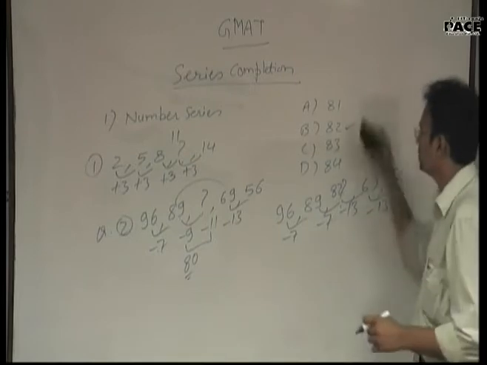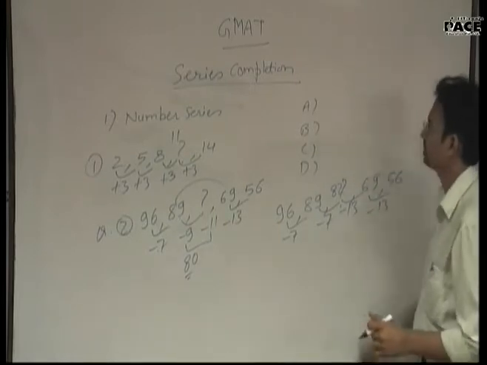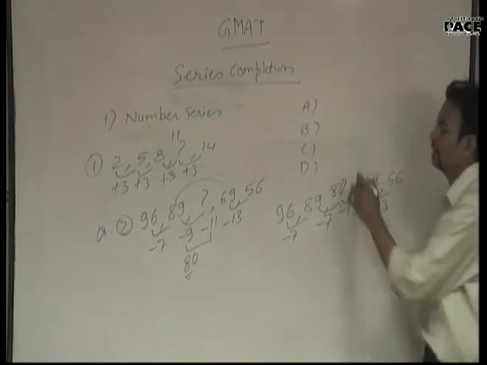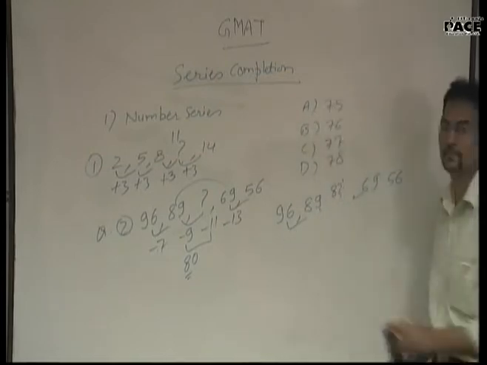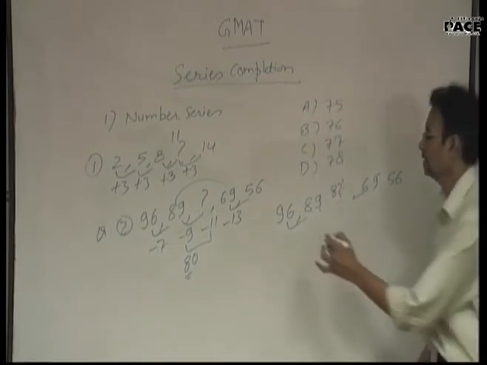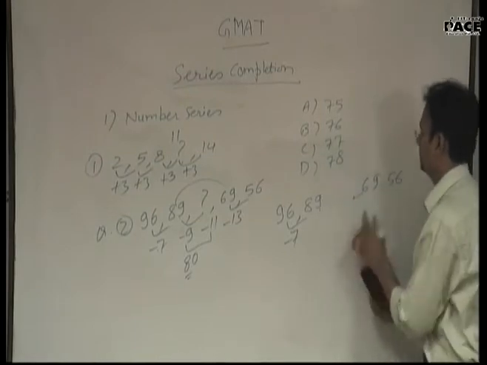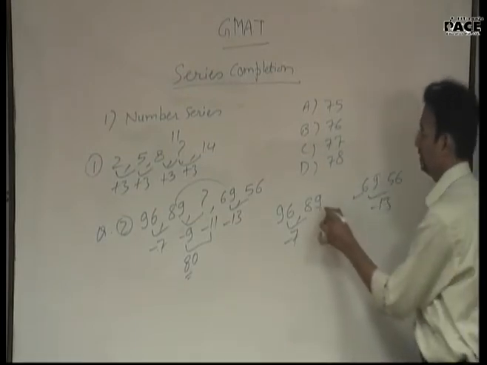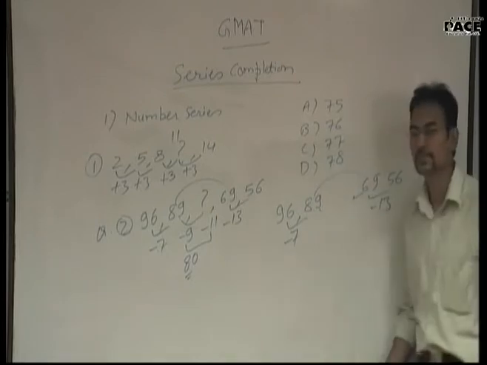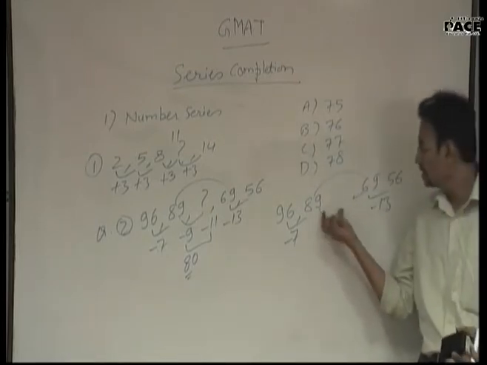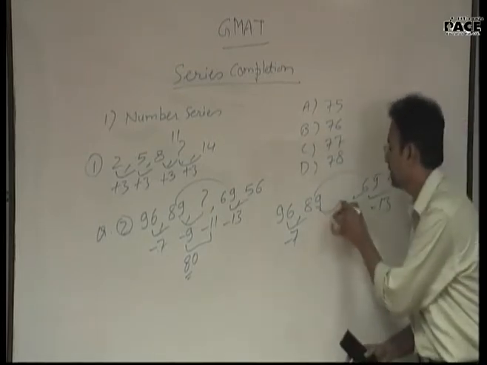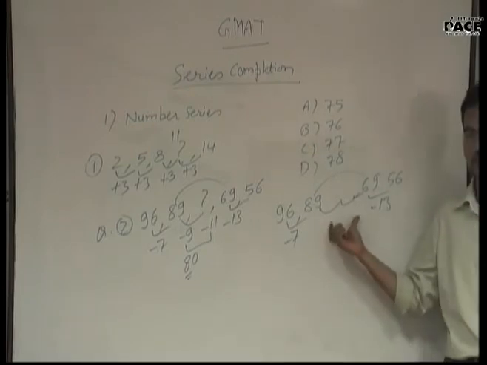And suppose 82 is also not in the options, then what? Again, you can say -7, then we can place the difference of 20. So at the most, these two differences will have 20 as the difference.